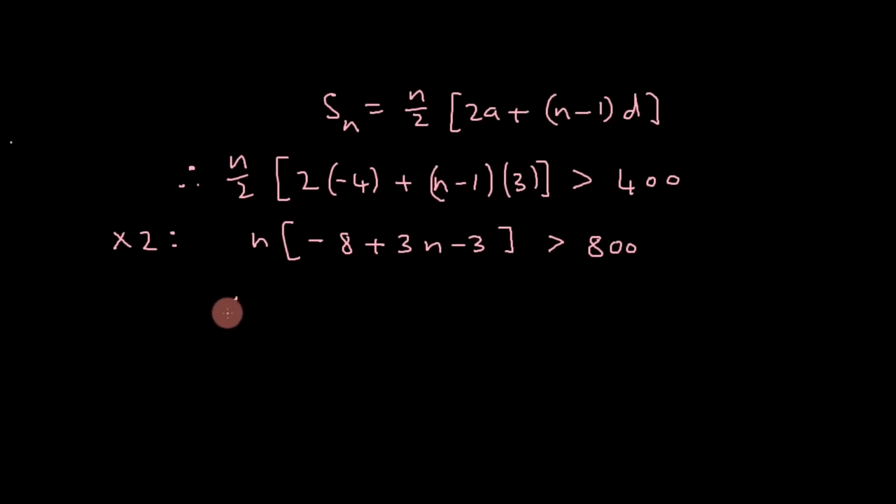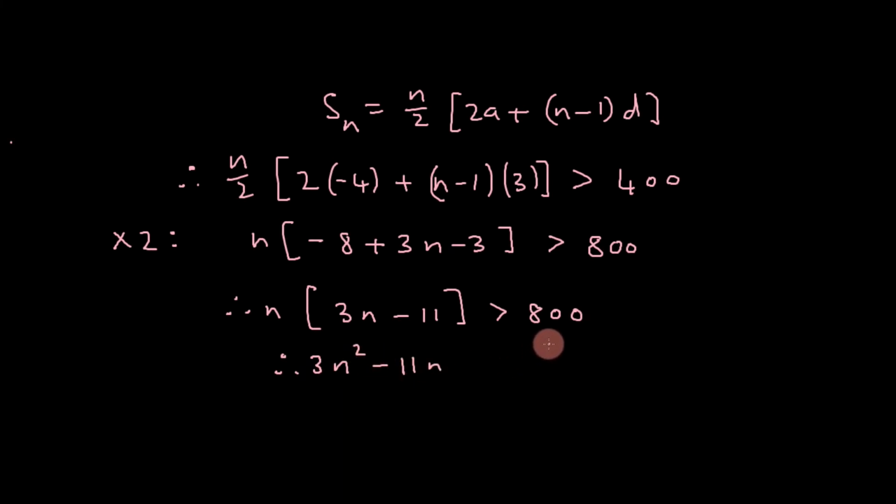We can add like terms inside the square brackets, multiplying in the n. And we can bring the 800 to the left hand side as well. So we end up with a quadratic inequality in n, which we need to solve.